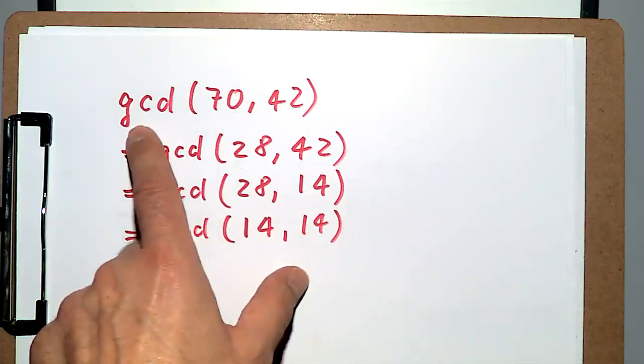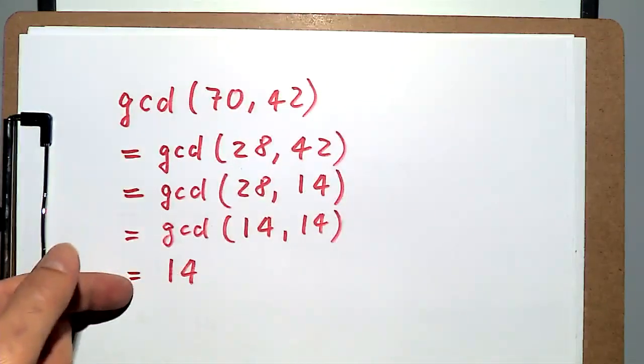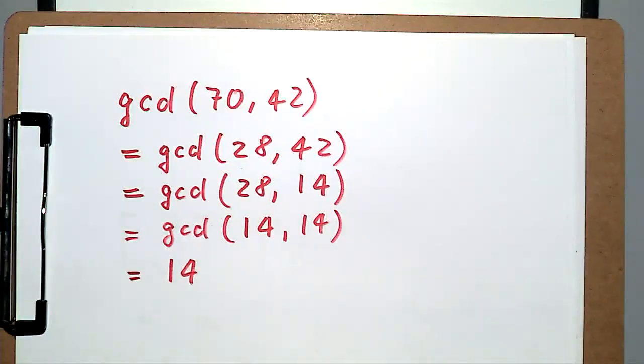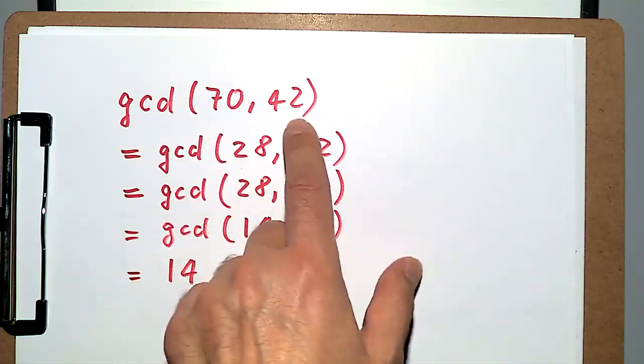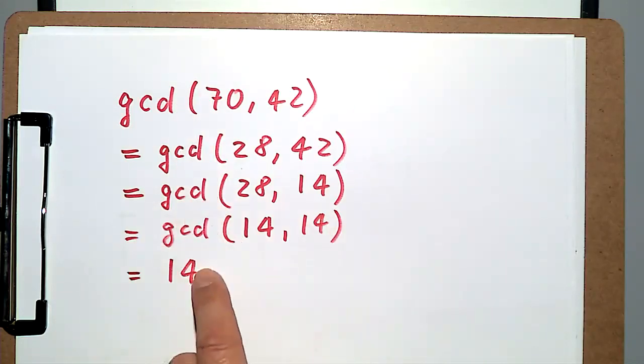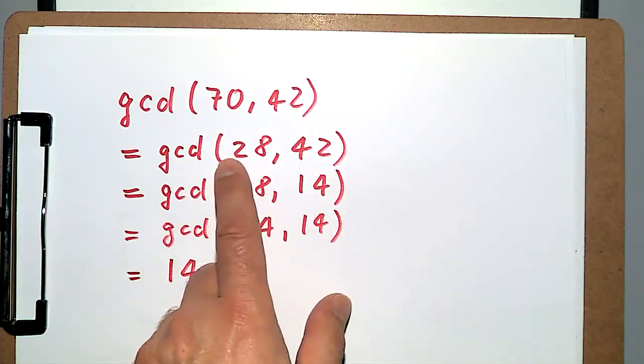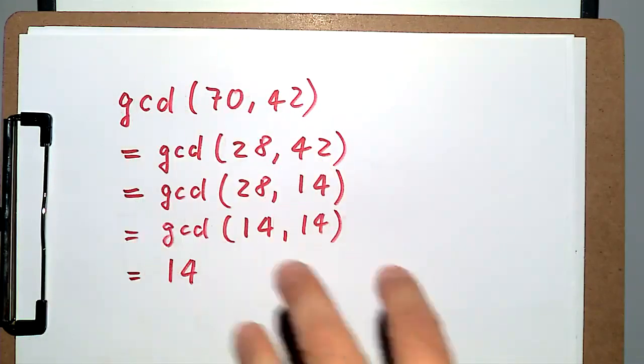And finally, this is also the same as the greatest common divisor of 70 and 42. So every time I've applied one step in this algorithm, I have calculated the exact same number. We can see that here: 14 is the greatest common divisor of 70 and 42, 14 is the greatest common divisor of 28 and 42, and so on.